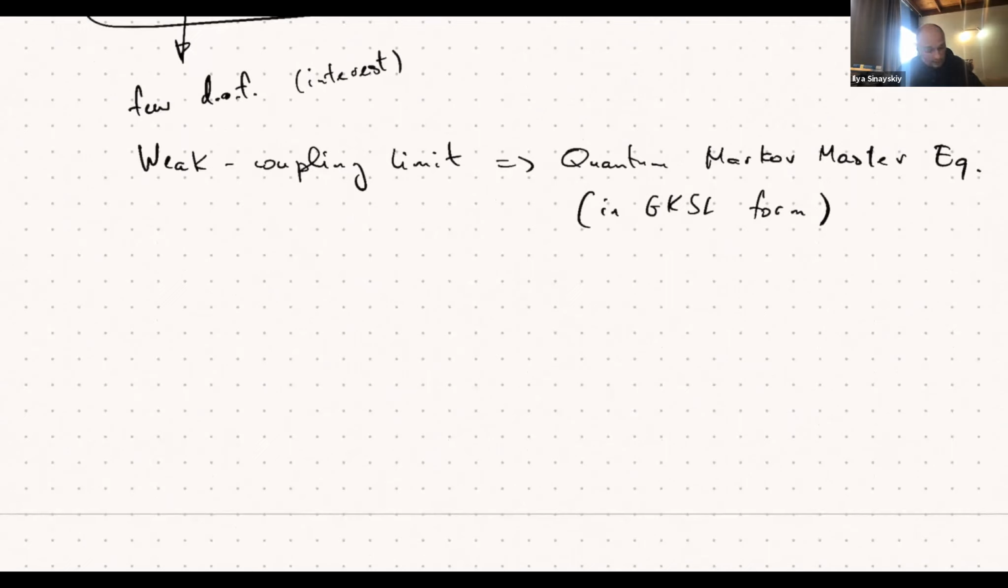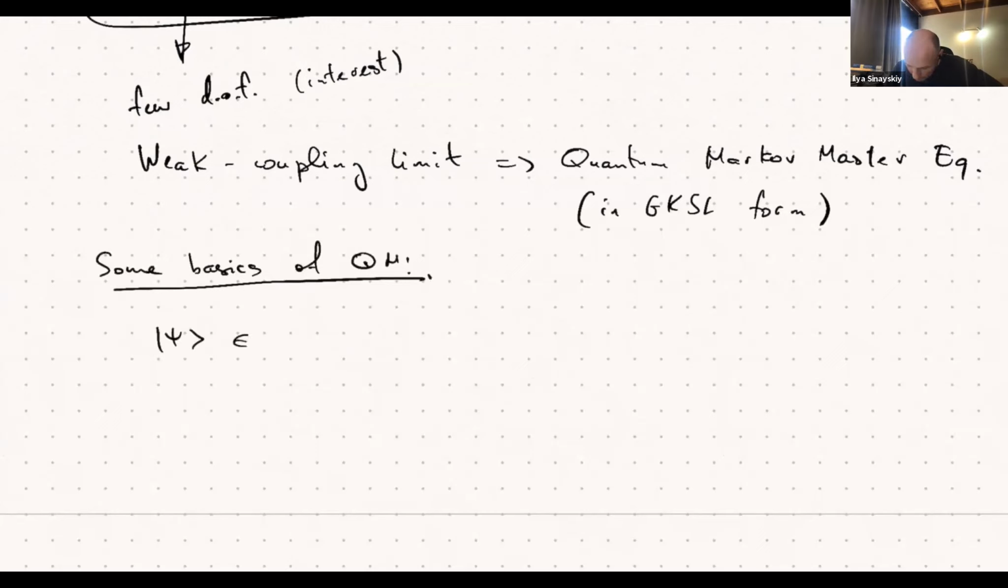I assume that everybody knows some very basics of quantum mechanics, which means the following. In quantum mechanics, everything is formulated in the language of so-called wave functions, which live in the Hilbert space.